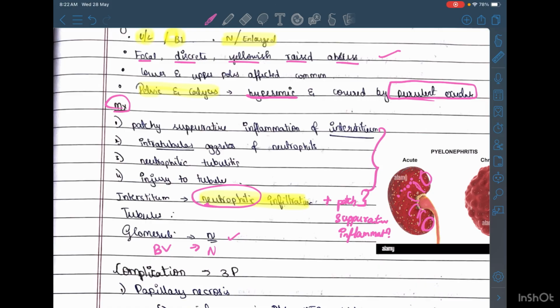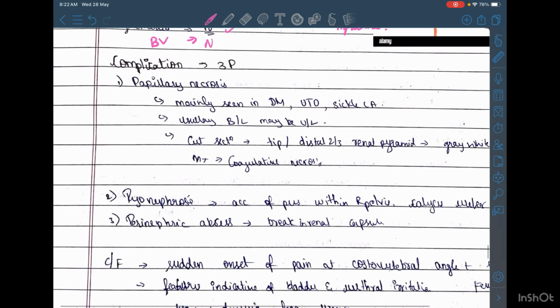The next thing is in the tubules, there will be injury to the tubules, because there will again be neutrophilic infiltration into the tubules. So in the interstitium there is infiltration and suppurative inflammation, which means formation of pus. There will be patchy suppurative inflammation. In the tubules also the same thing, glomeruli and blood vessels normal.